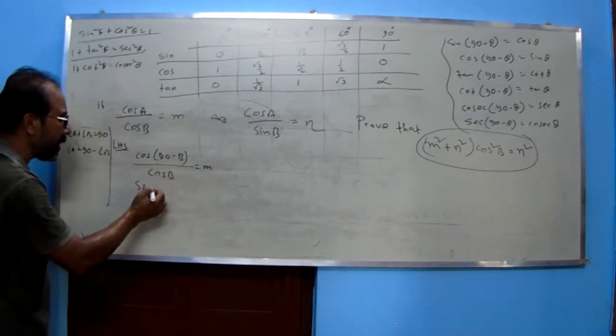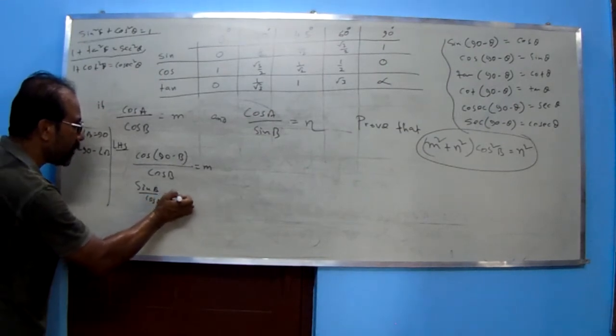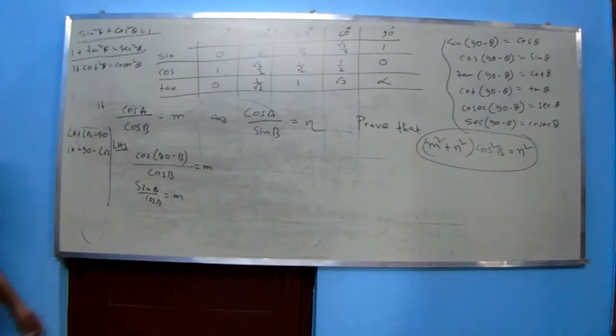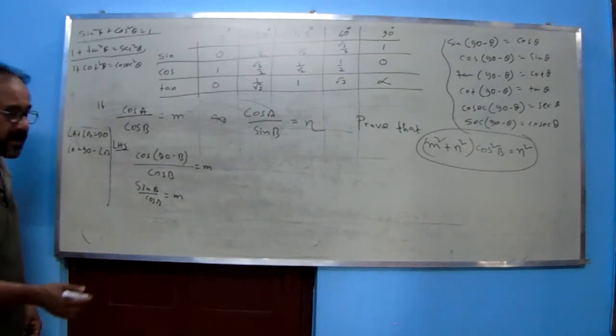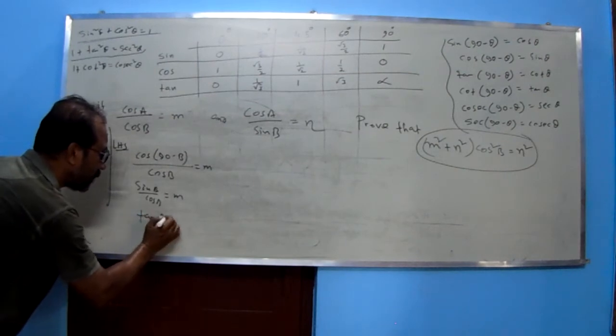So cos 90 minus B means it is sin B by cos B equal to M. Sin B by cos B means sin theta by cos theta, it is tan theta. So it is tan B equal to M.